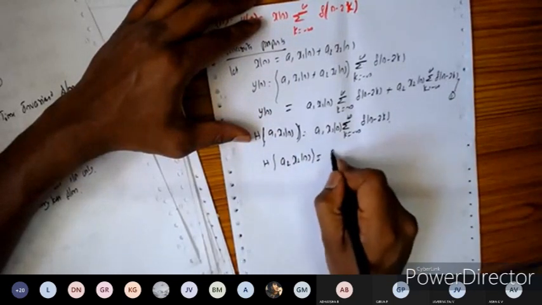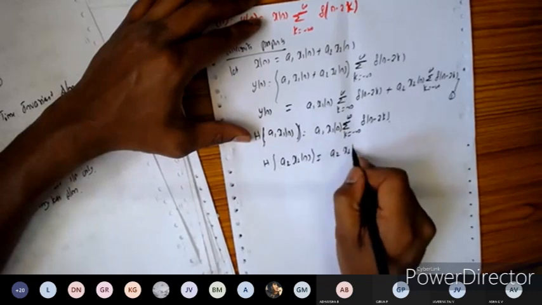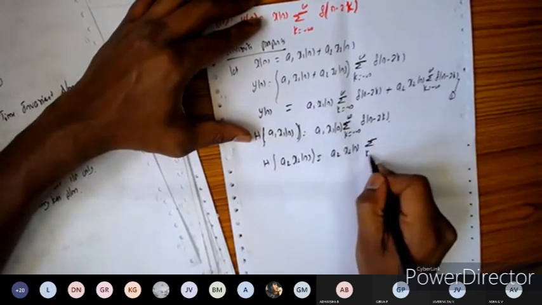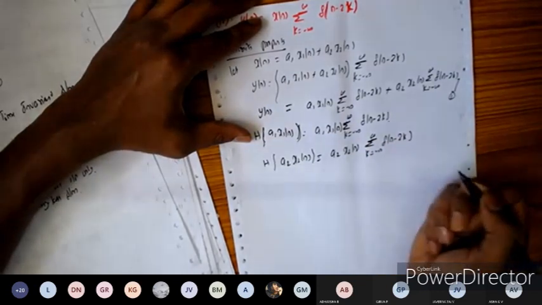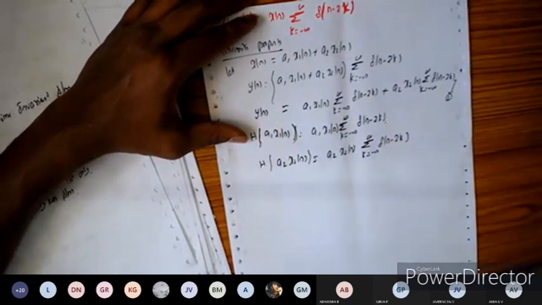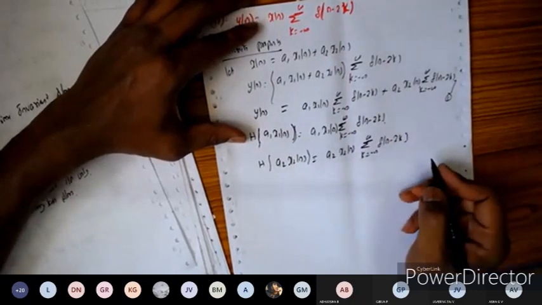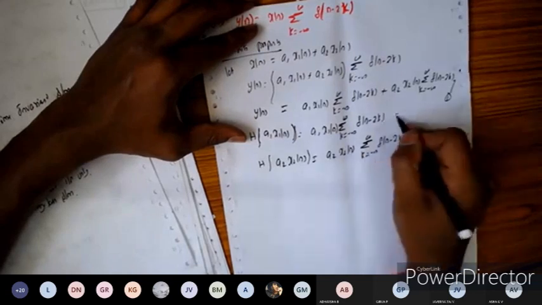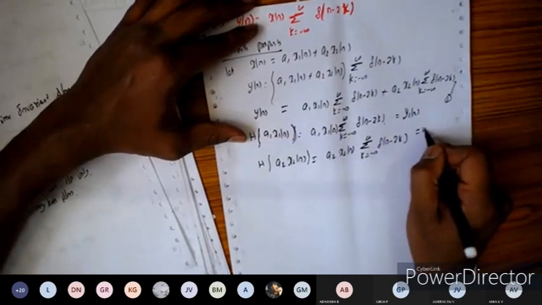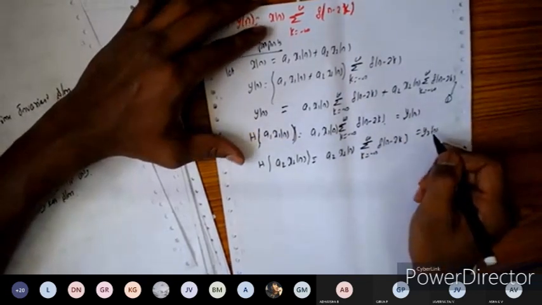This becomes a2 into x2 of n into summation k equal to minus infinity to plus infinity delta of n minus 2k. Let us say these are y1 of n and y2 of n.